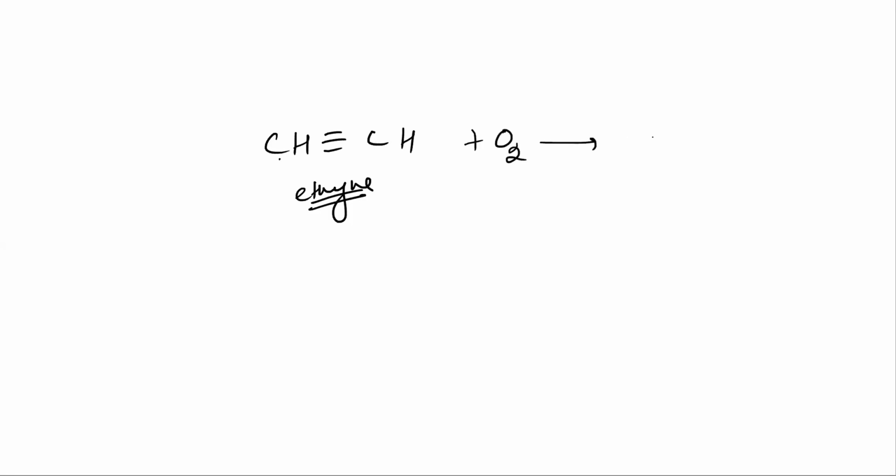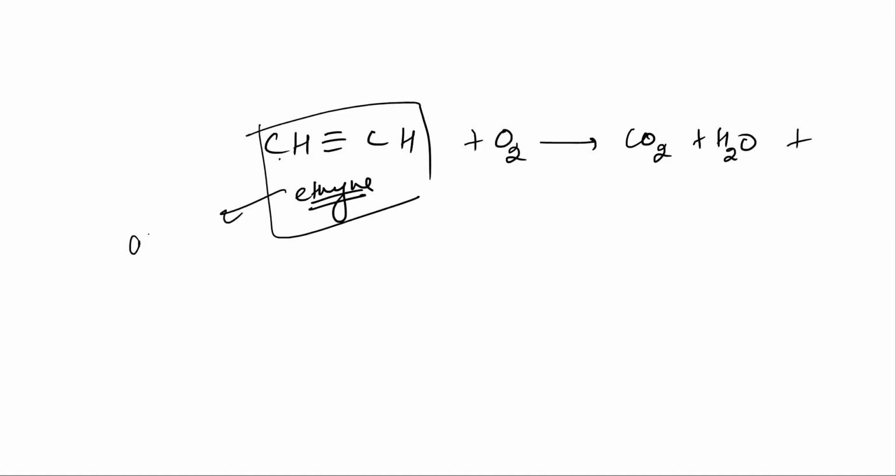When we burn it completely, it gives you carbon dioxide, water, plus a large amount of heat and light. This acetylene gas is used for welding purposes.